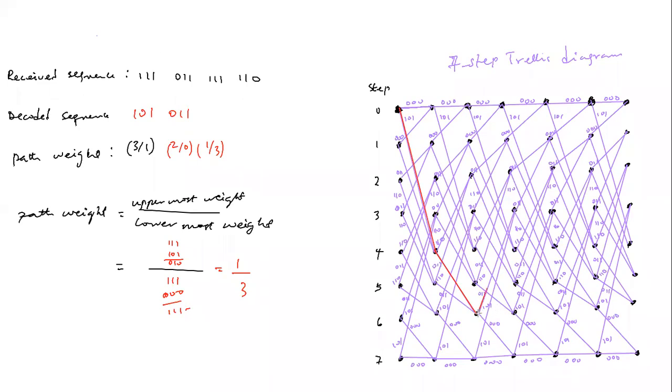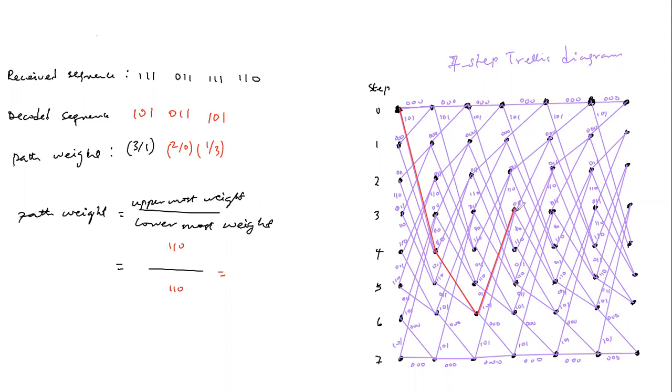Tracing upward, down to step 3. And now the code here will be 1 0 1, which is the coded 1 0 1. Once again, we have received 1 1 0.